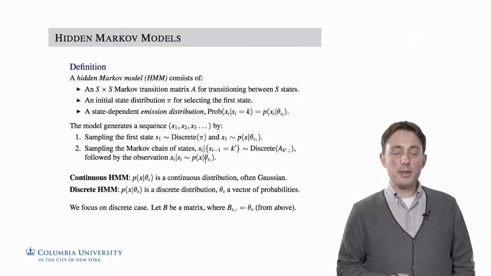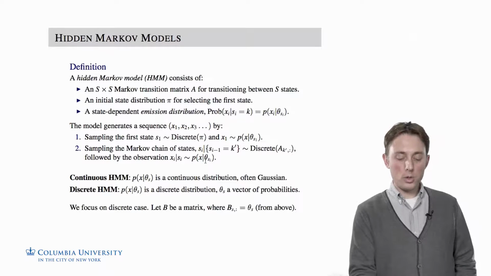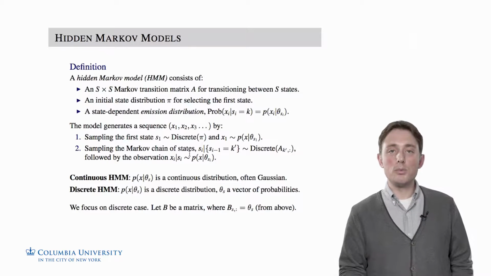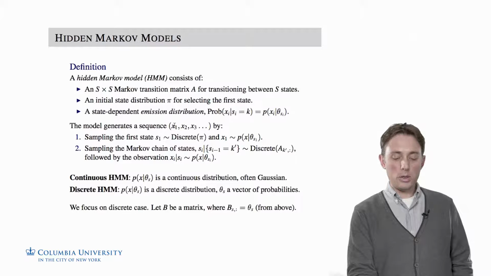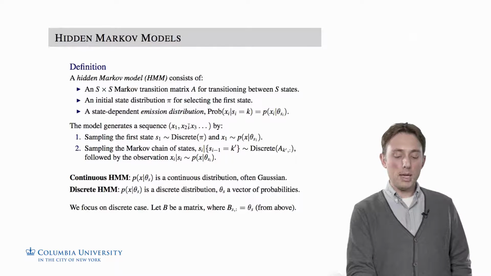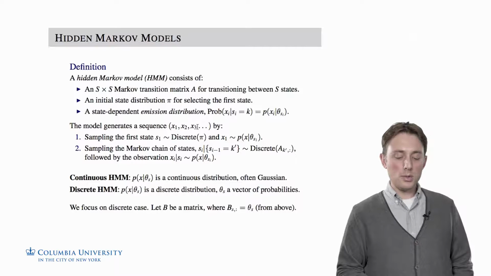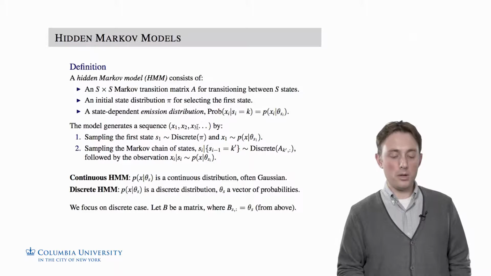And so we've left this general. There are two different distributions, of course, we could have on the data. We could have continuous distributions or discrete distributions, depending on whether we want to model each of the observed data points in the sequence x1 to xT as a continuous random variable or a discrete random variable.